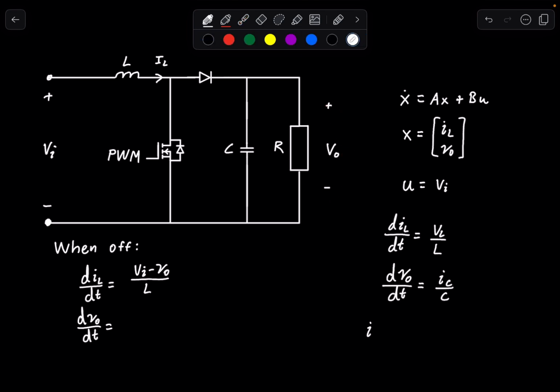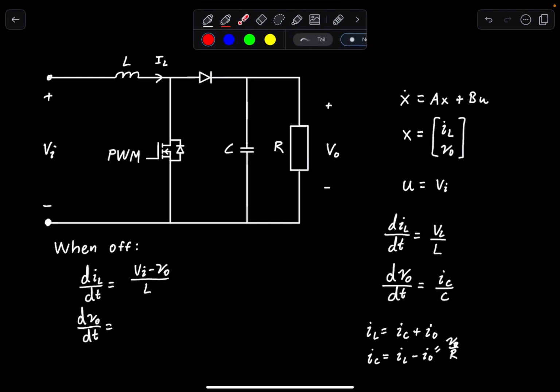So IL is equal to IC plus IO, which means that IC is equal to IL minus IO, and this one is equal to VO over R, just like last time. So now if we put IC into this equation, we get IL over C minus VO over RC.